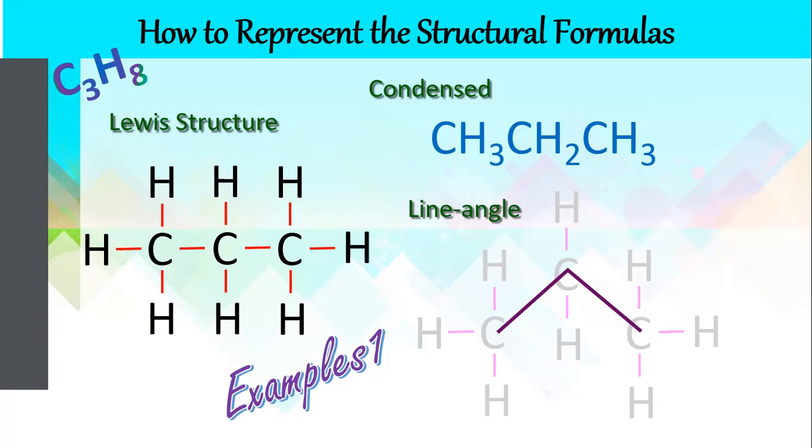So if we look at carbon number one, we see one bond to carbon number two. So 4 minus 1 is 3. So that right there would be our three hydrogen atoms. And then carbon number 2 has one bond to carbon number 1 and another bond to carbon number 3.